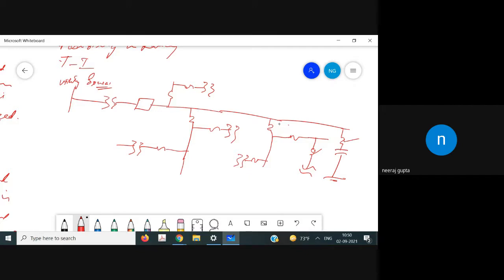These transformer fuses can also be provided for overload protection, and sectionalizing fuses. Sometimes we use sectionalizing fuses. Like if you see, this is a sectionalizing fuse.